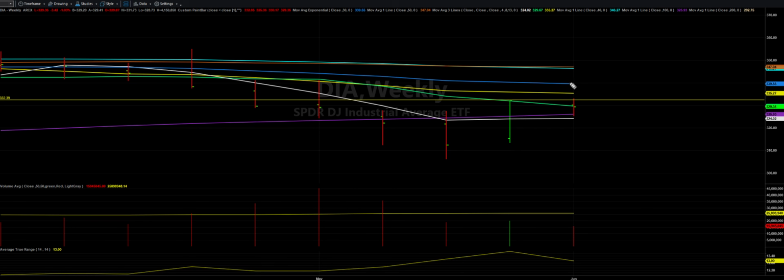This is some really strong long-term overhead resistance that could be causing a problem. If we get above that, then we're going to be moving up to the 40-week and the 50-week. And that'll be some really key levels at that point. If we get above that, then there's a really strong chance that we could be going back to those highs of the yield curve conversion that I was talking about before, going back to the previous highs.